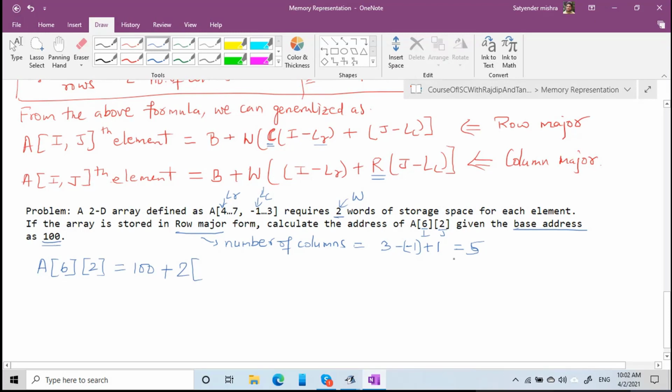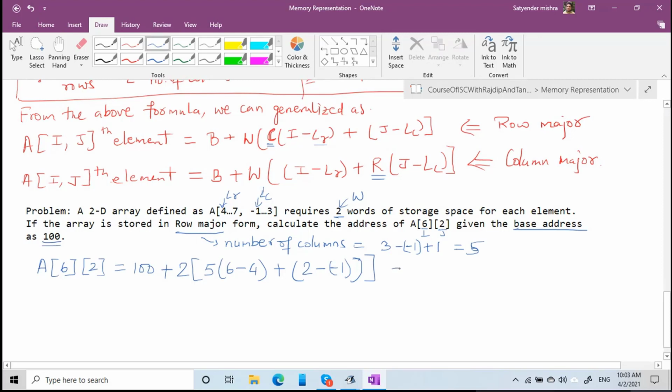So number of columns is 5. We know the value of I, which is 6, minus LR, so 6 minus 4. Plus, we know the value of J, which is 2, minus LC, so minus 1.